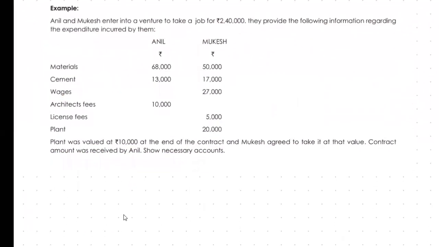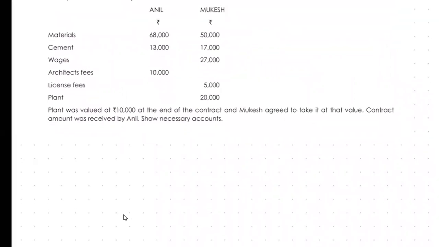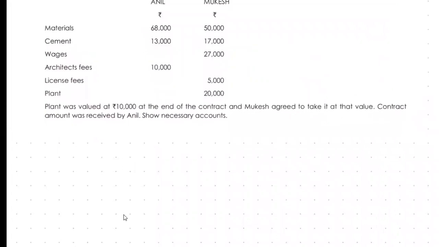So what we'll do, we'll prepare books in both of the accounts. Once in the books of Anil. And in the books of Anil, what will be the accounts? One will be the joint venture, and another will be other co-venturer's account. And similarly, in the books of Mukesh, joint venture account and co-venturer Anil's account. Correct. So let's prepare it in both the books. So at first we'll do the books of Anil.